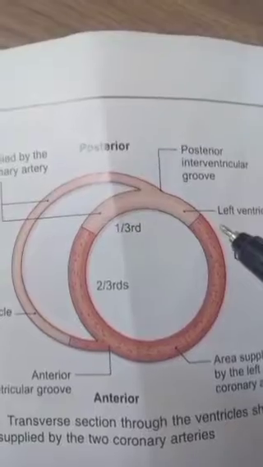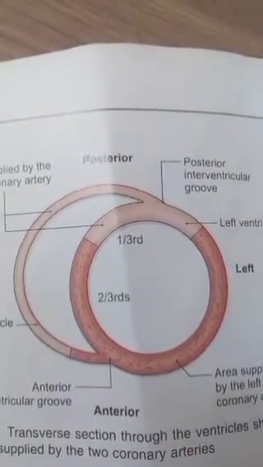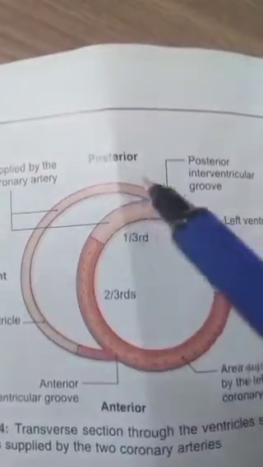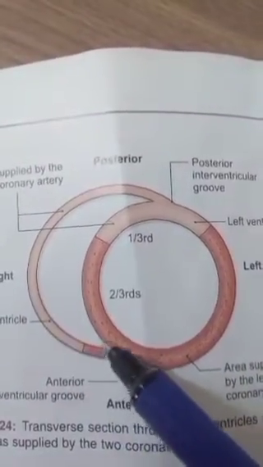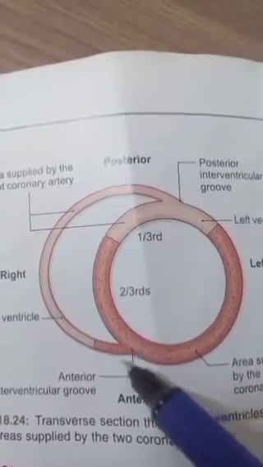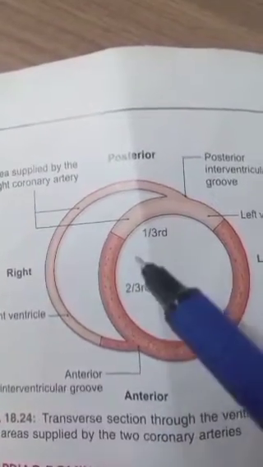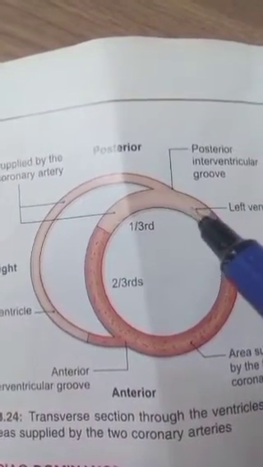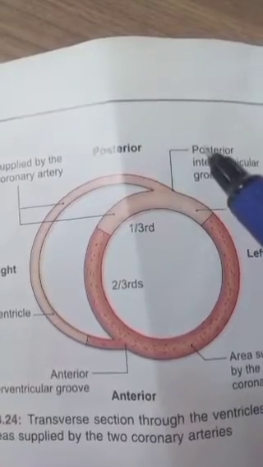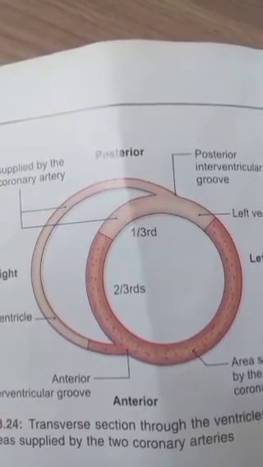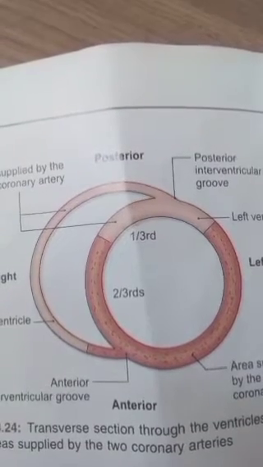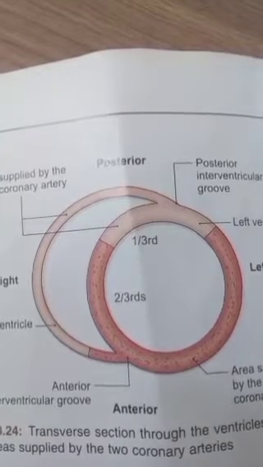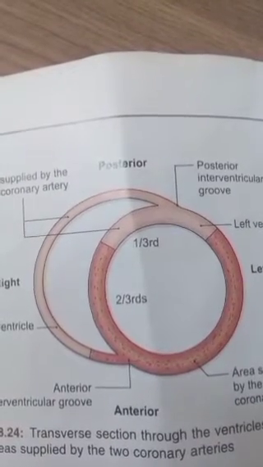The area of distribution of the right coronary artery includes the whole of the right atrium, the greater part of the right ventricle except the area adjoining the anterior interventricular groove, a small part of the left ventricle adjoining the posterior interventricular groove, the posterior one-third of the interventricular septum, and the greater part of the conducting system of the heart except the left branch of the AV bundle.